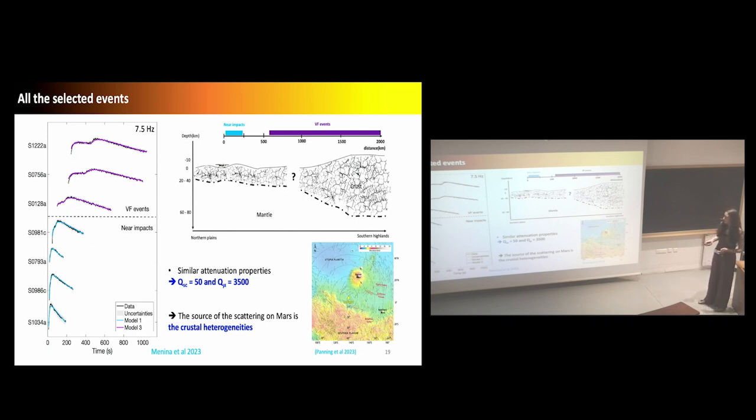And with this result, as we already have some studies on the thickness of the crust, we suggested that the event, the 1222, could be in the southern highlands, or at least very near to the dichotomy. That's for the location.